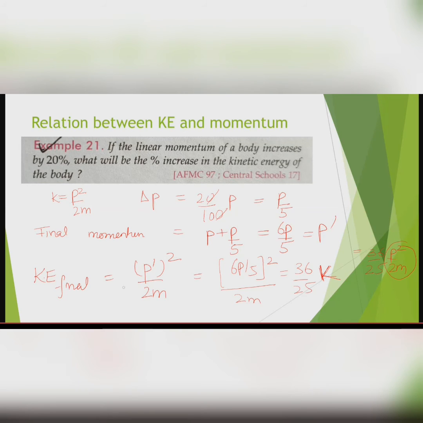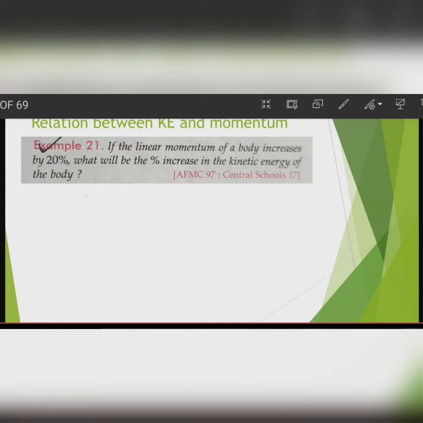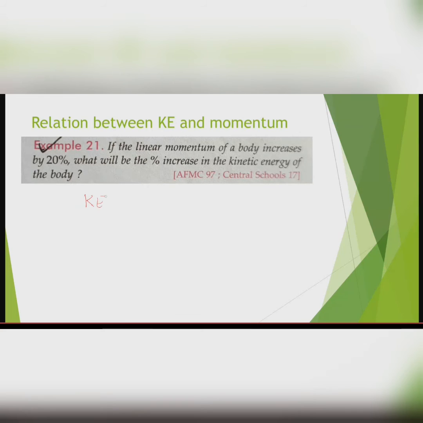Now knowing the final value, if I subtract from it the initial value, we will get the change in kinetic energy. So kinetic energy final minus kinetic energy initial will give me the change in kinetic energy. Now, if I take the ratio of change in kinetic energy to the original kinetic energy, that would give me the required amount, because that's what they ask: what will be the percentage increase in kinetic energy of the body?